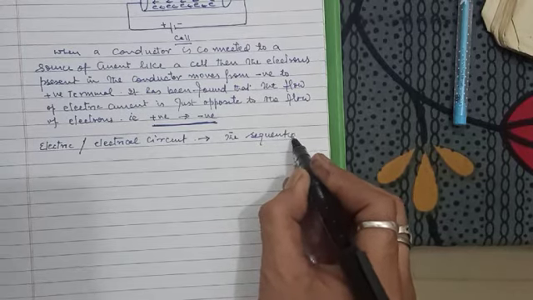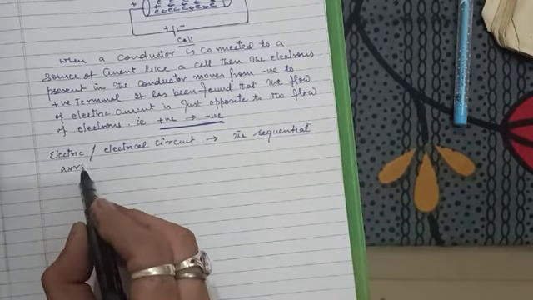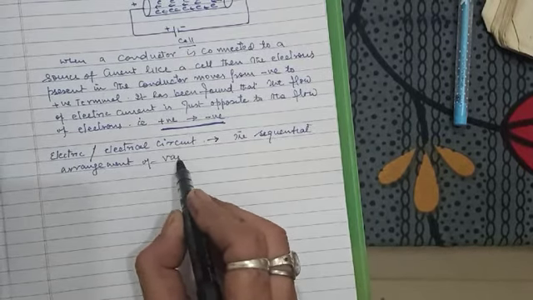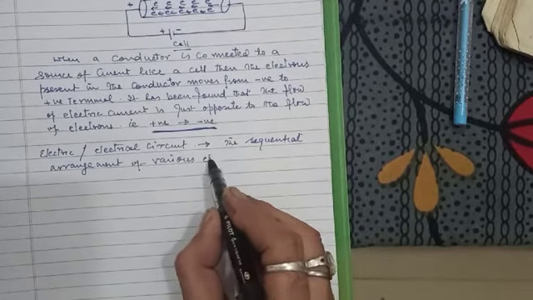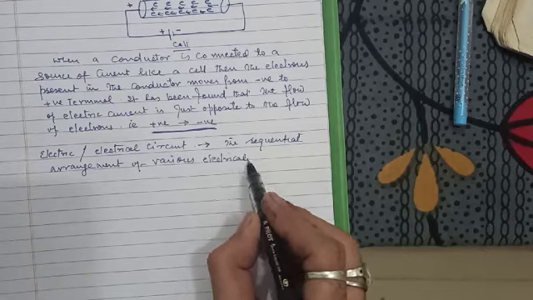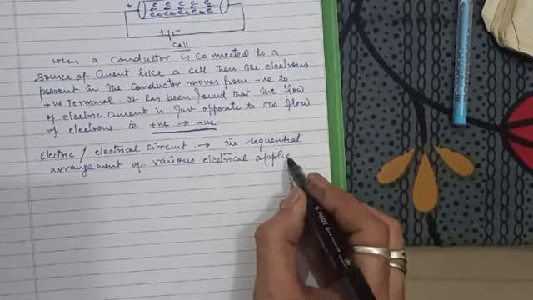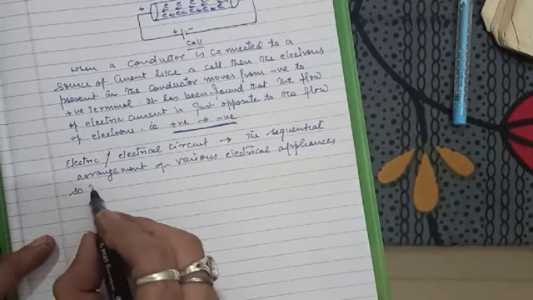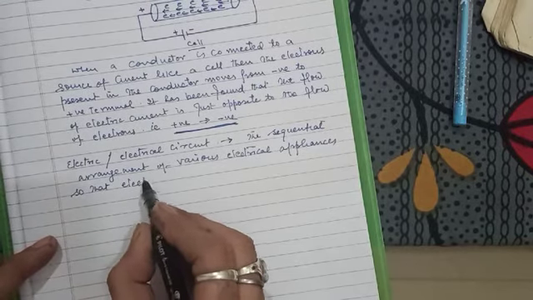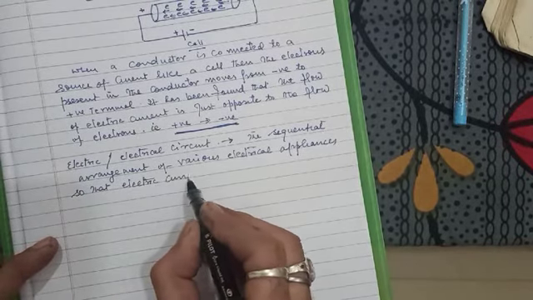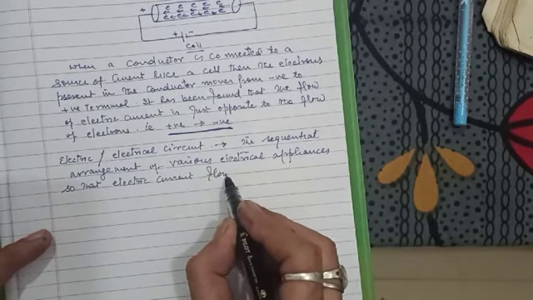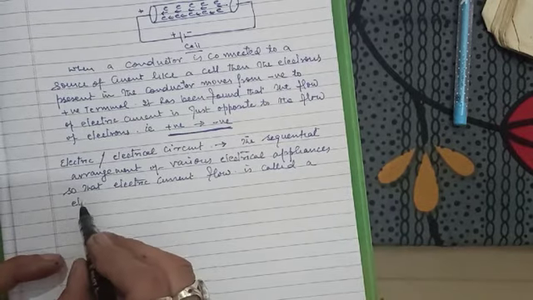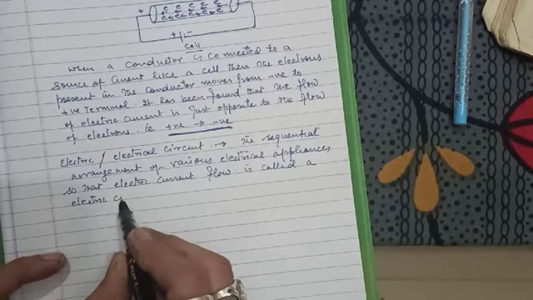The sequential arrangement of various electrical appliances so that electric current flows is called an electrical or electric circuit.